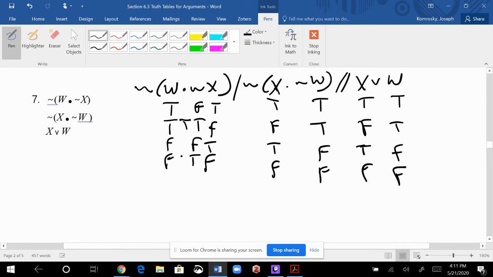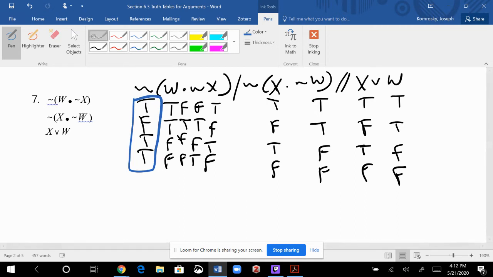Both sides have to be true. I'm going to now take this tilde. I'm going to say first premise is done, because that's the main operator over the first premise. And we'll go to the second premise. And both sides have to be true.